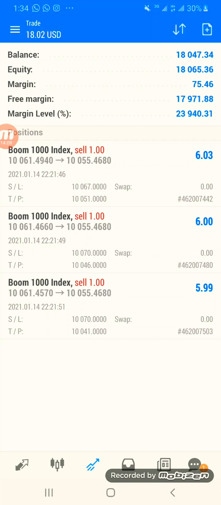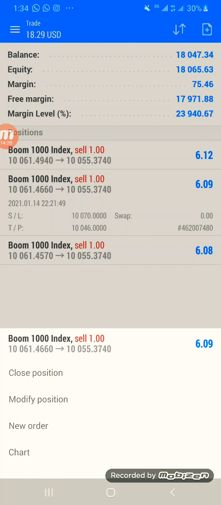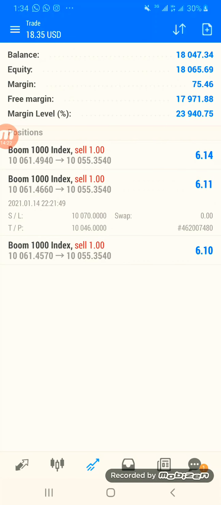Okay, we had 5 pips already here. So 5 pips plus 10, 15, plus 15, it is 30. Sorry, okay, if this is a 10 and if this is 15, 10 plus 10 plus 10, it will be at 30 pips.